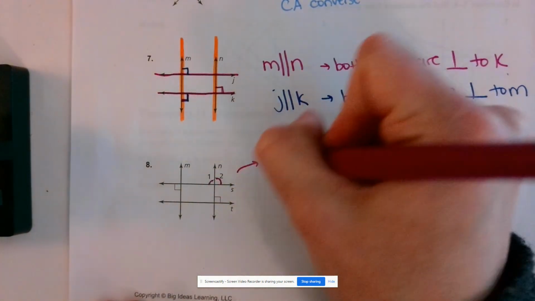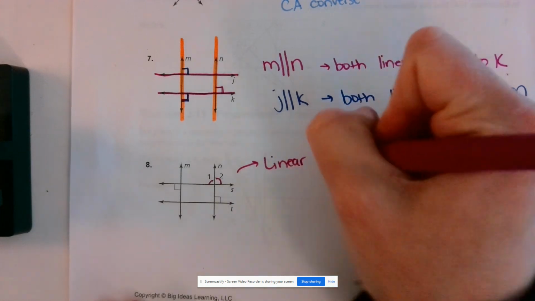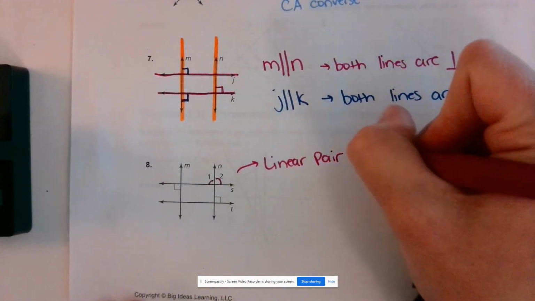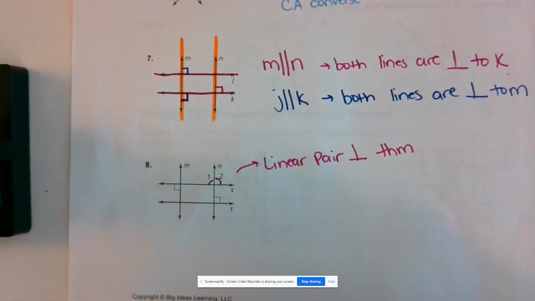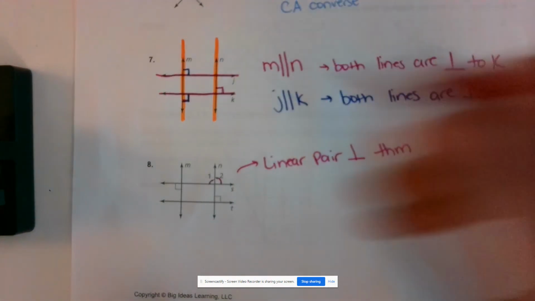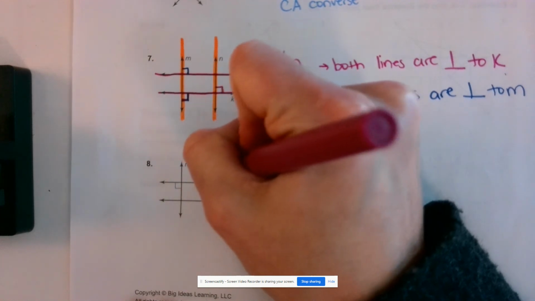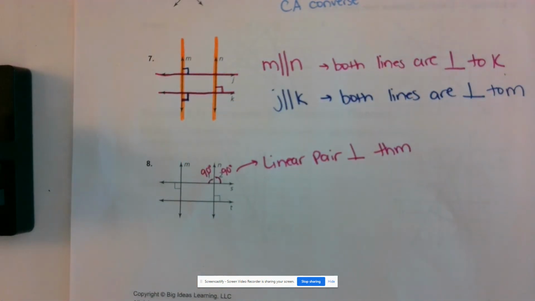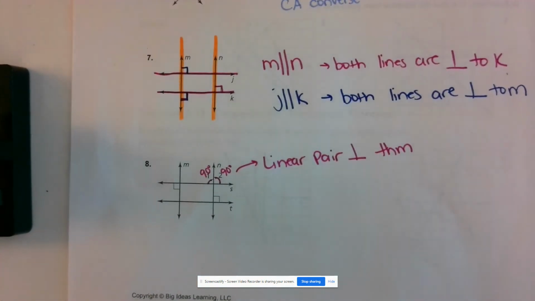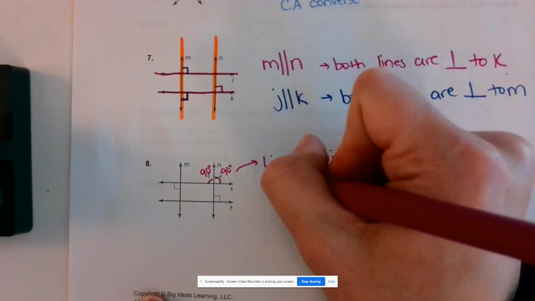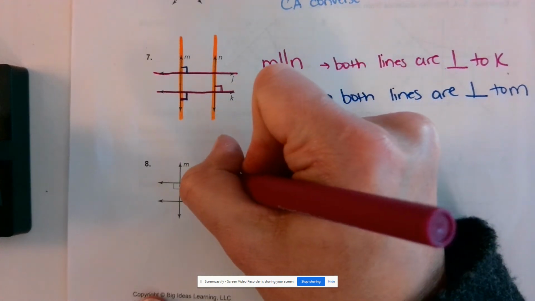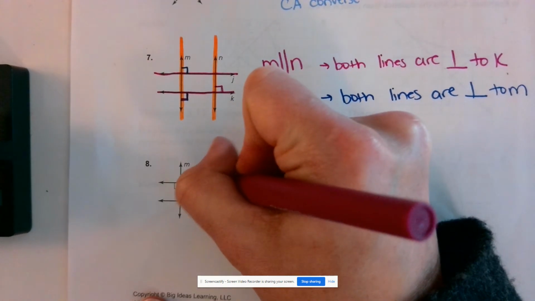Well, by the linear pair perpendicular theorem, we know if 1 and 2 are congruent and they make a straight line, they both have to be 90 degrees. That's the only way they can add up to 180 and be congruent. And so we know that these are right angles here.